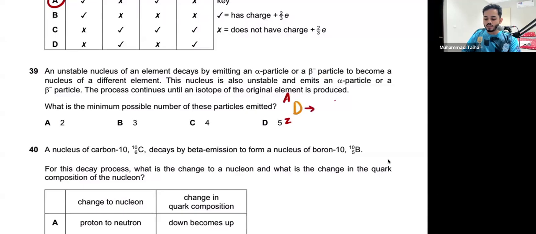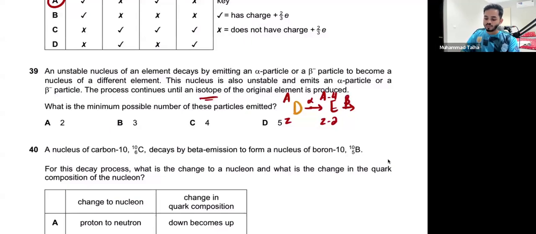It decays to give us E, and let's say it undergoes alpha emission first. So the nucleon number decreases by 4, proton number decreases by 2. Now what we need to do in the subsequent decays is get the proton number back up to Z. That's how it's going to be an isotope.